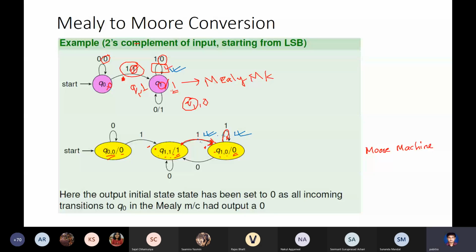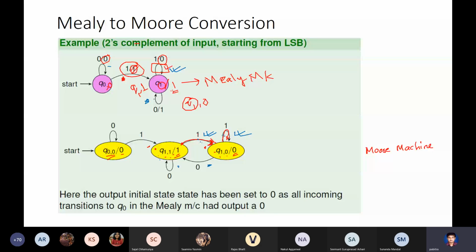Now let us look at this self loop. It is again split up into two. It is from Q1 to Q1 itself. So now there will be two loops from Q11 to Q11 and from Q10 to Q11. Can you understand why?